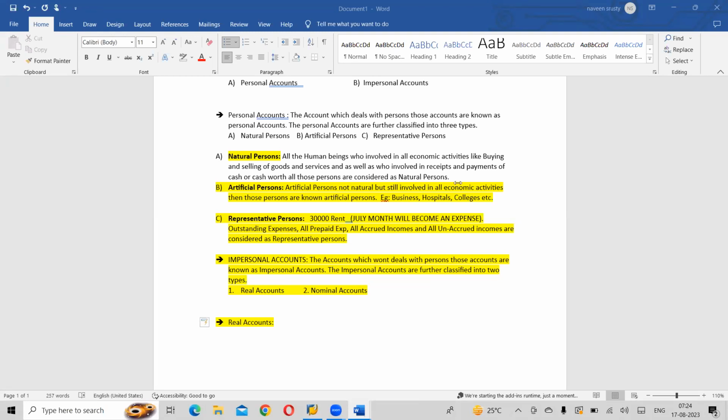Which assets? Like furniture, machinery. Cash related transactions, no. That is called cash transaction. We're not talking about transactions right now. First of all, I would like to understand what is real account actually. We have freshers here. The assets which a business deals in, those are considered as real accounts.